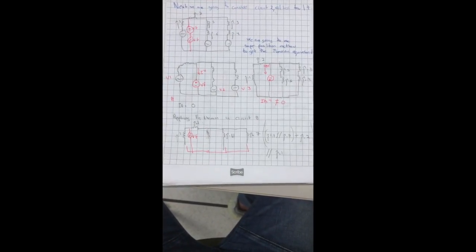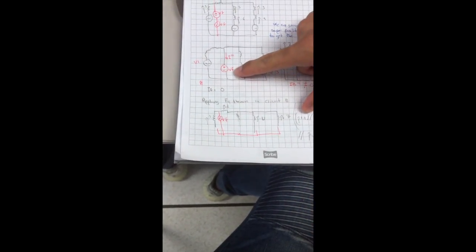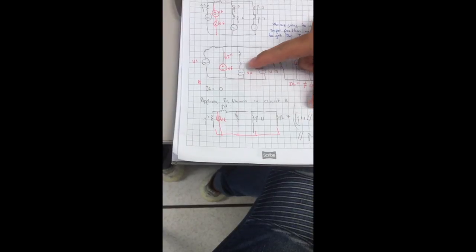So if we do the Thevenin equivalent, we are going to turn off the voltage sources. First, if we turn off the first voltage source, we see that we have BF.